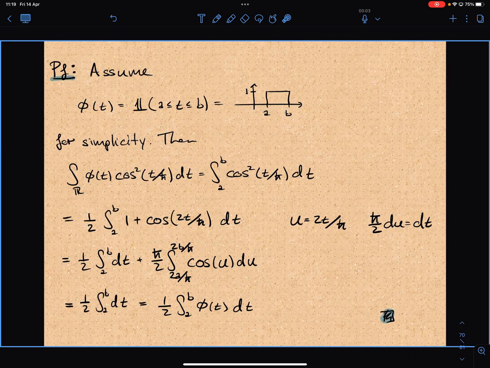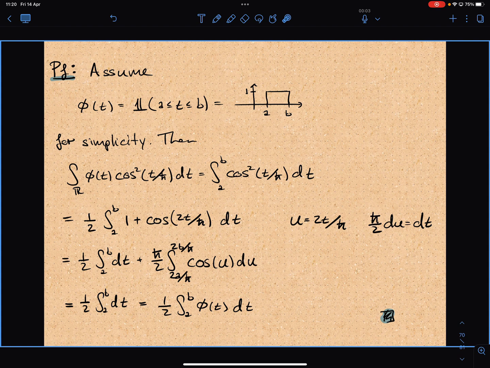It's not too hard to do. It's just integrals. For phi, I'm going to take something simple to make the argument easier to follow. The general idea is the same. In particular, any compactly supported function can be built up from this type of function.